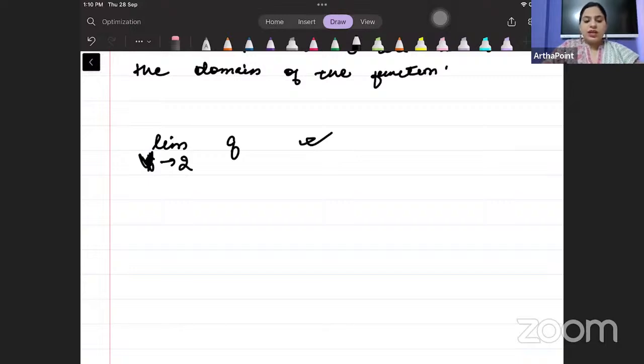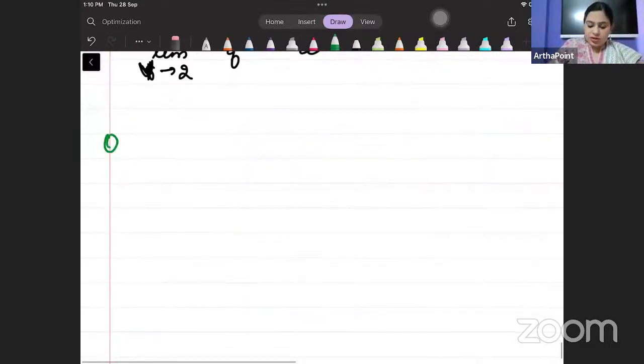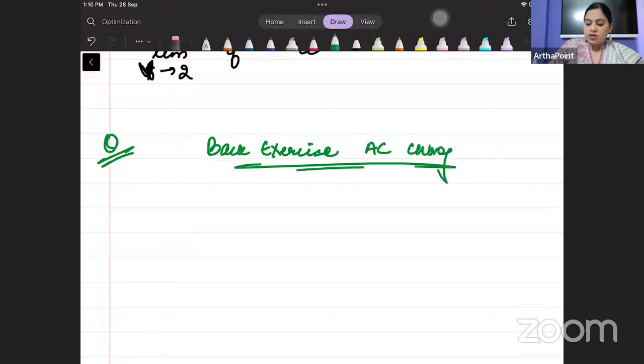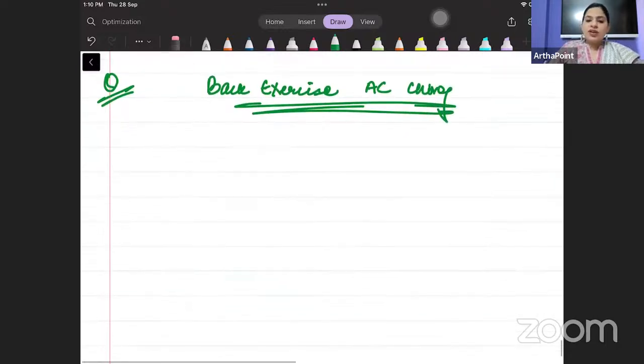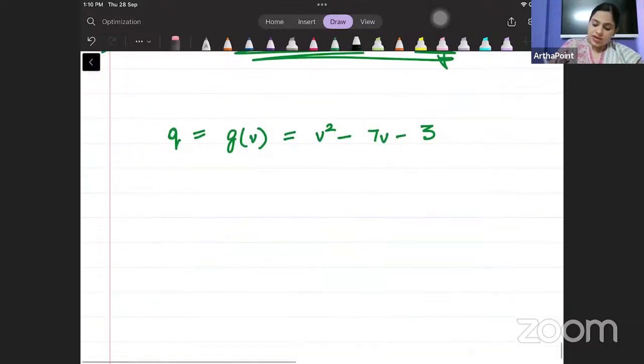Okay. Now beta, I want you to go ahead and do one more numerical with me. So this is from the back exercise of this AC Chiang. Okay. So you are given that Q is equal to GV, and this is defined as V square minus 7V minus 3. Kya questions hai beta?